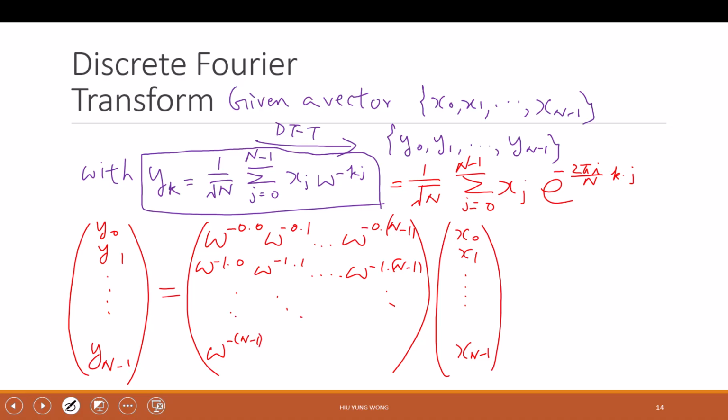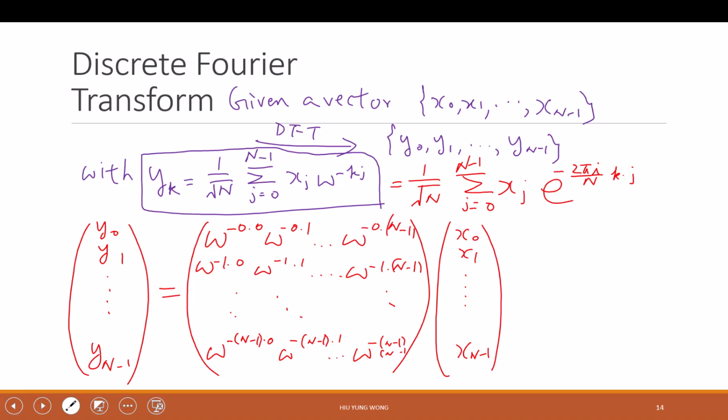K is n minus 1 times 0. Omega negative n minus 1 times 1, all the way omega negative n minus 1 times n minus 1. Right? Because now k equal to n minus 1, then it's equal to x0 times omega to the power n minus 1 times 0 negative, x1 times omega to the power n minus 1 negative, right? So just check it. It turned out to be correct.